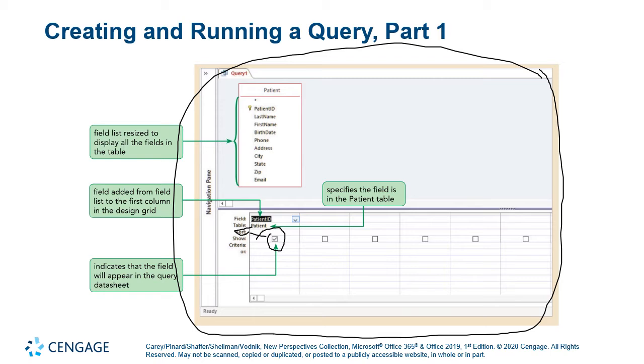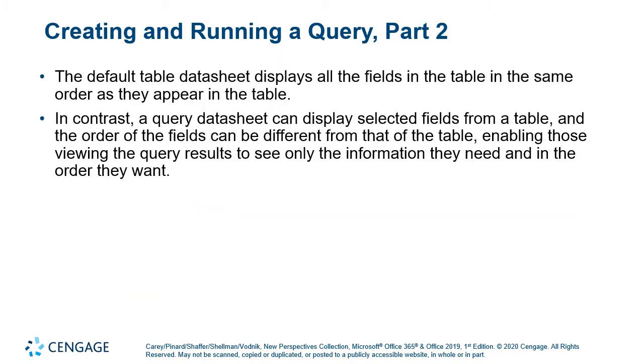How to build a query by using this tool. When you open a data sheet for a table, you will see every field, every record inside the table. But when you build a query, you can decide how many fields, how many records should show up in the result data sheet.